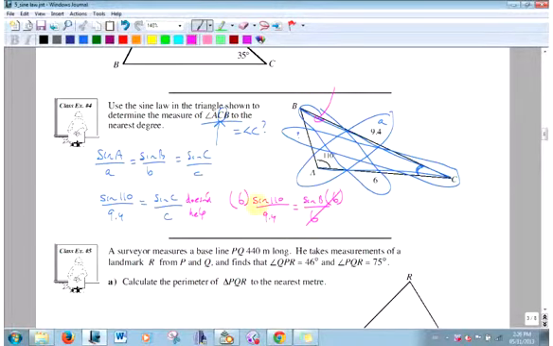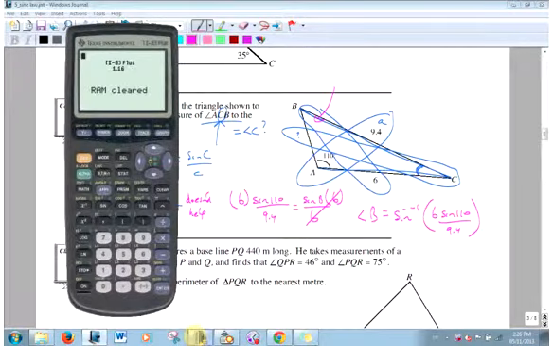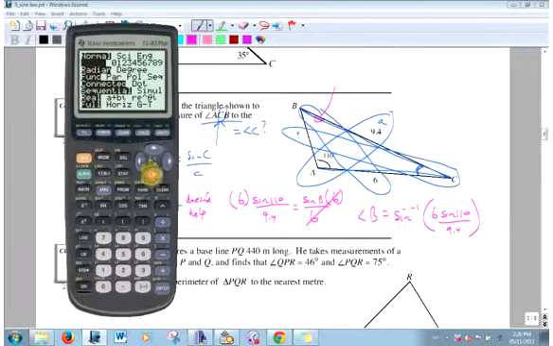So now at this point, what kind of a calculator do you have? This is sine B. So angle B, I got to take the inverse sine of this. And if you got a good calculator, most of you do, you can put that in just once instead of taking the inverse sine separately. Okay, let me go to degrees.